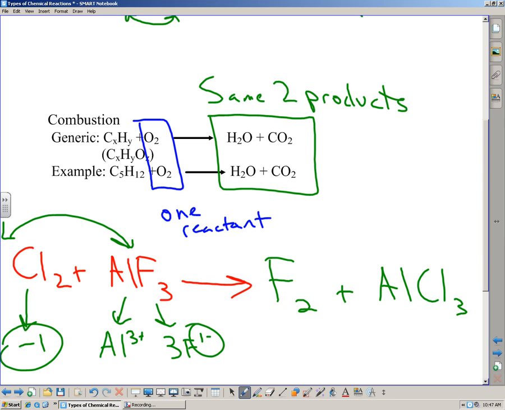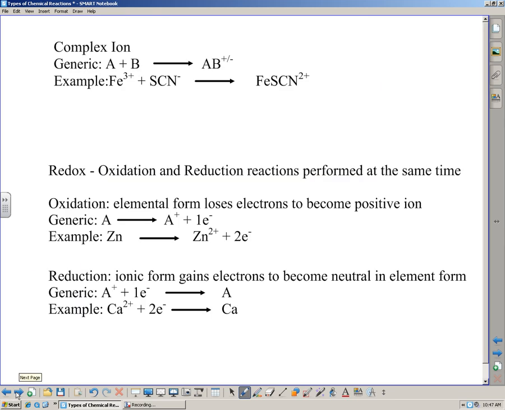All right, last two types of chemical reactions here. We have complex ion and reduction and oxidation. I want to modify these redox definitions a little bit.